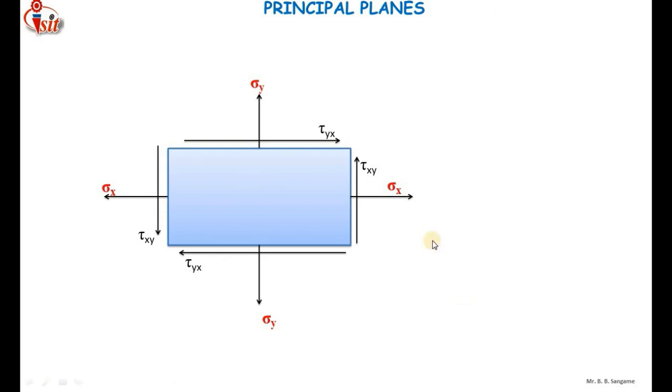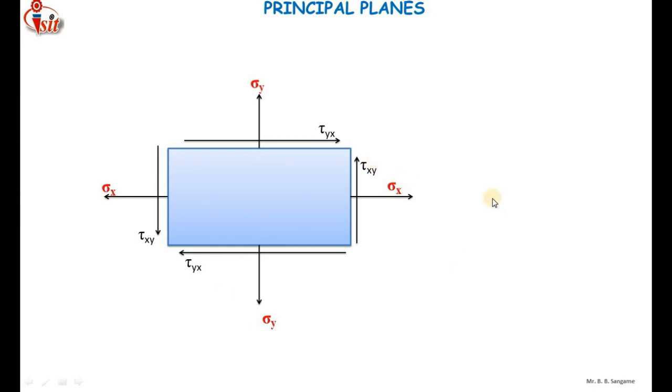In this figure you can see that the two vertical sides of the element are subjected to normal stress sigma x, and also to shear stress. So these two vertical sides cannot be called principal planes, and sigma x cannot be called a principal stress.